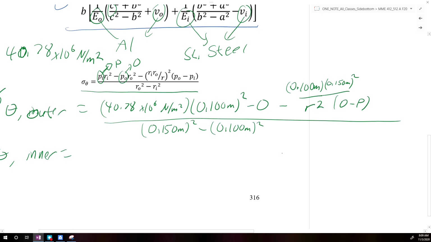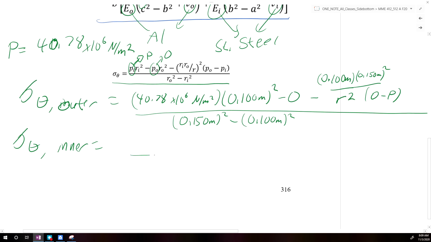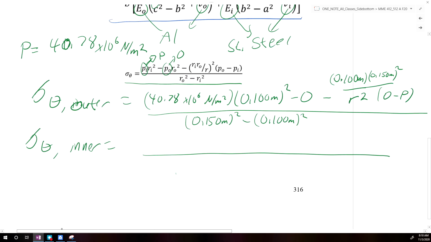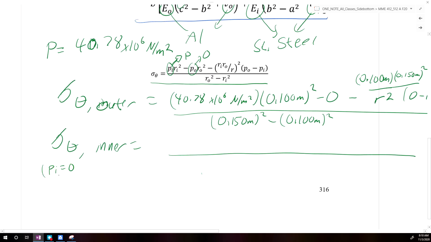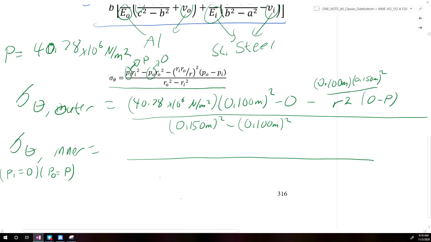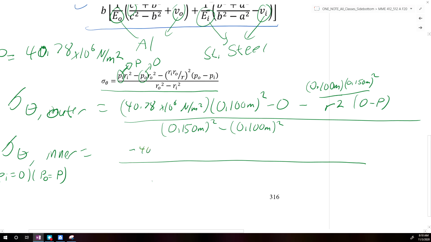We can do the same process for the inner cylinder. In this case, our inner pressure would be 0, and our outer pressure would be P. So we would get minus 40.78 times 10 to the 6th newtons per meter squared, times the outer radius, which in this case is 0.10 meters squared.